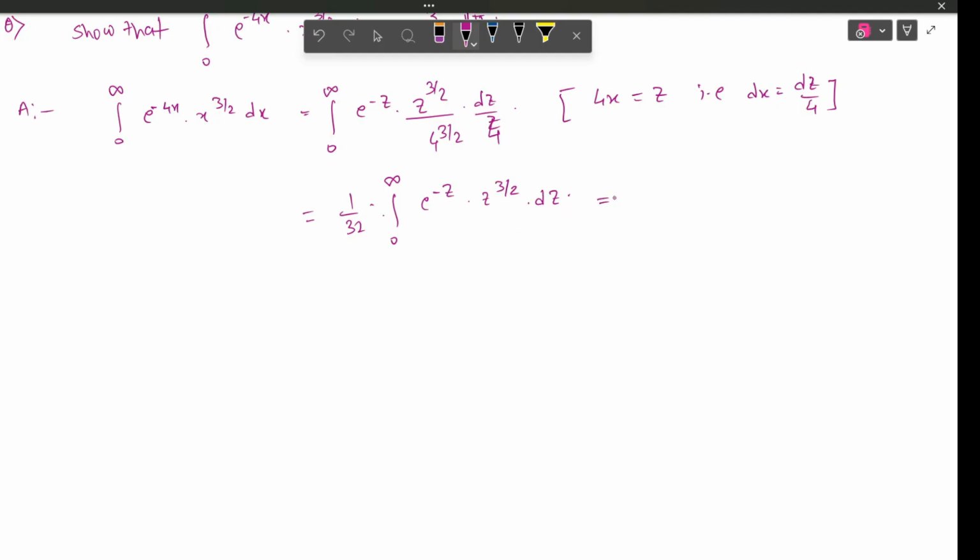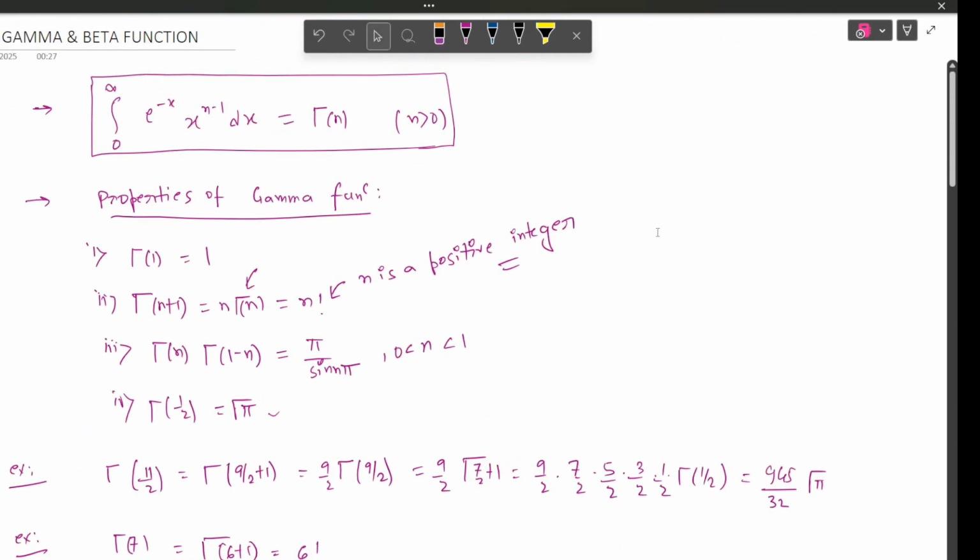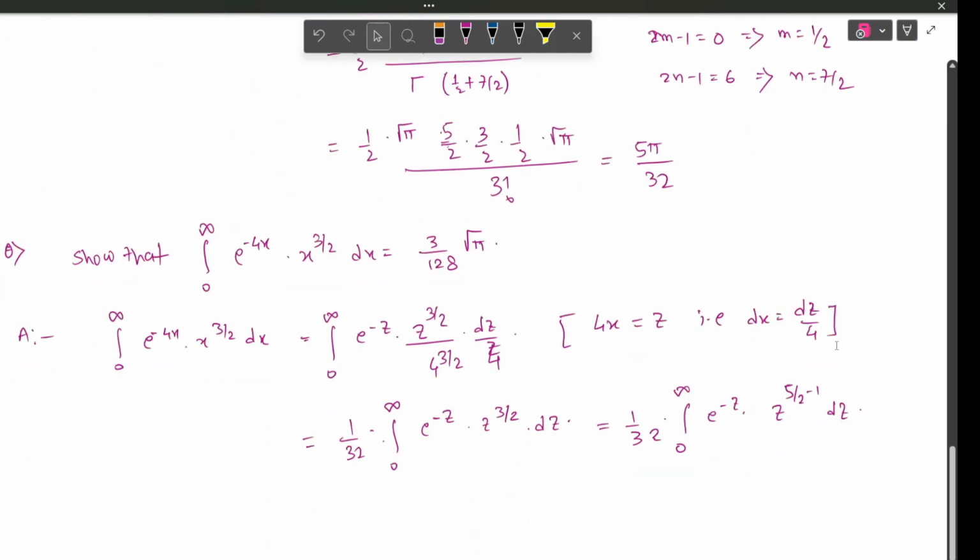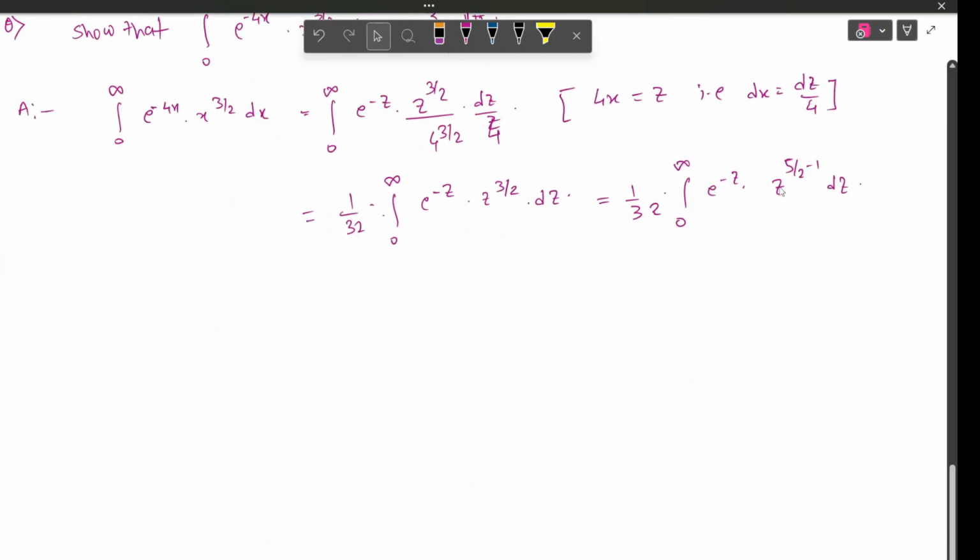Now we can write it in this form: 1 by 32 integration 0 to infinity e to the power minus z, and z to the power 3 by 2 can be written as z to the power 5 by 2 minus 1, dz. Now this is the form of the gamma function. Gamma of n is integration 0 to infinity e to the power minus x, x to the power n minus 1. This is also in the same format.